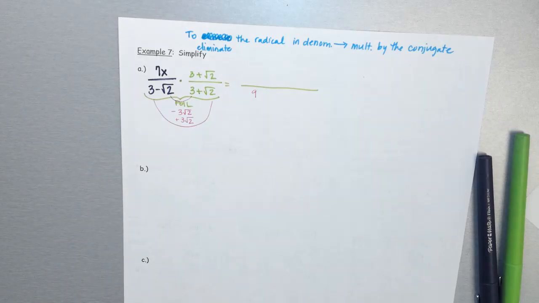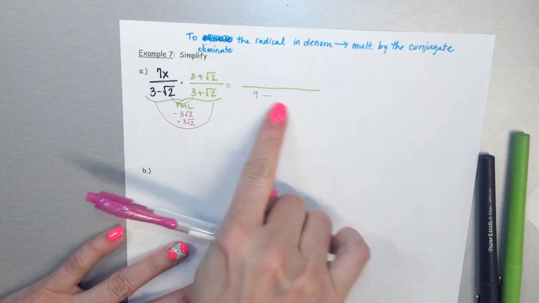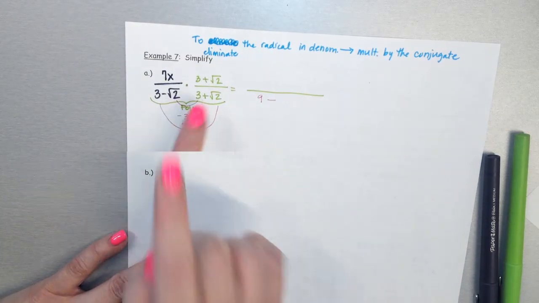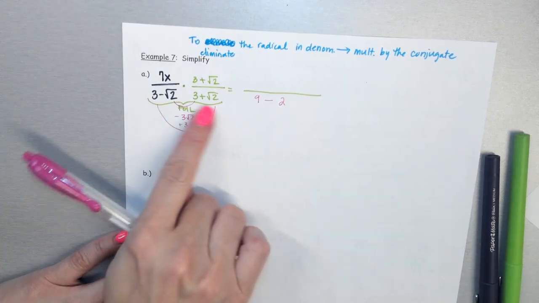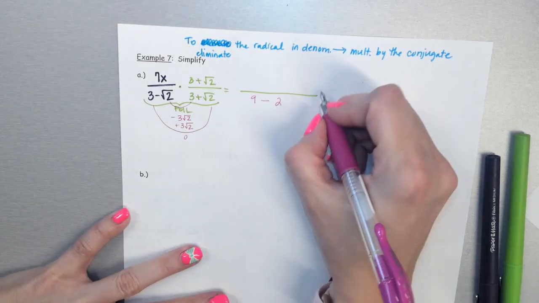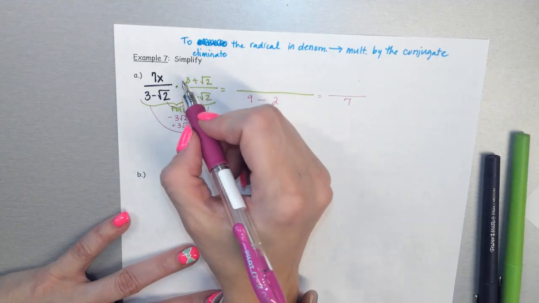The reason why you multiply by the conjugate is so that those are opposites and they make 0. That's just going to make 0. And then negative root 2 times root 2 is just going to be negative 2. If you multiply by the conjugate, this should always be a minus. And then I always just put 7 on the bottom.